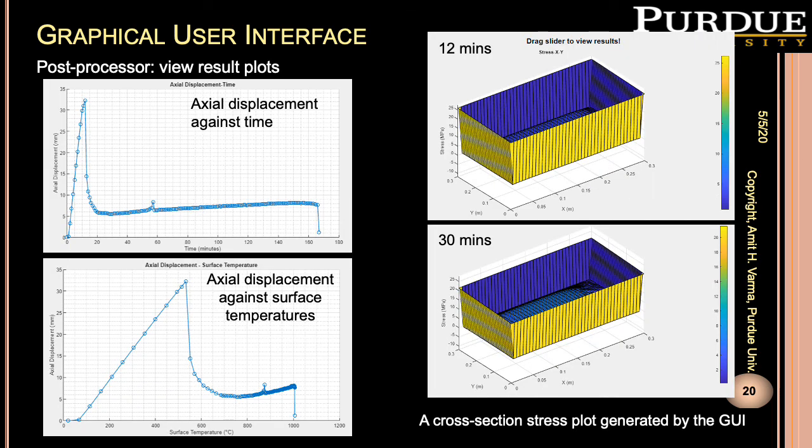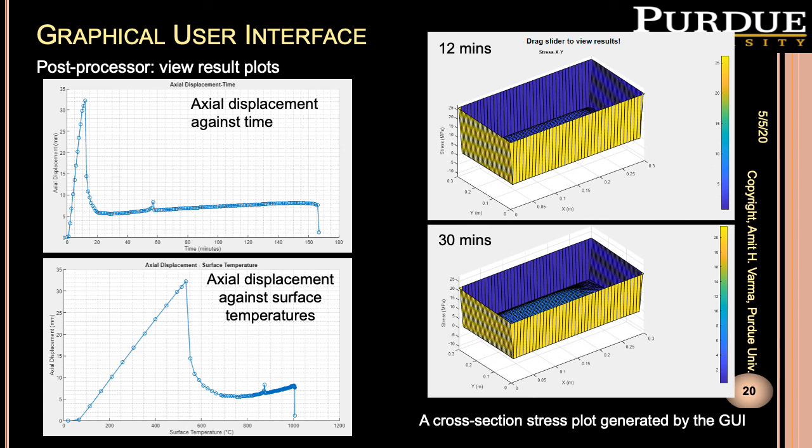The axial displacements of a wall or column against time or surface temperatures can be obtained from the tool. For example, the axial displacement results for a concrete filled tube column are shown in the figures on the left. The results show that the column expanded up to 12 minutes, or when the surface temperature reached about 550 degrees Celsius.